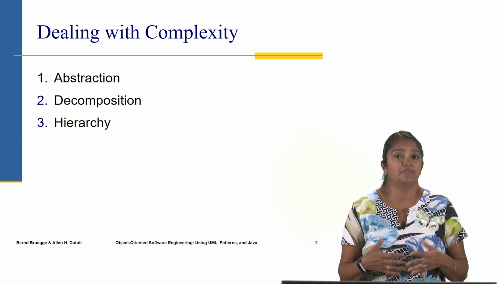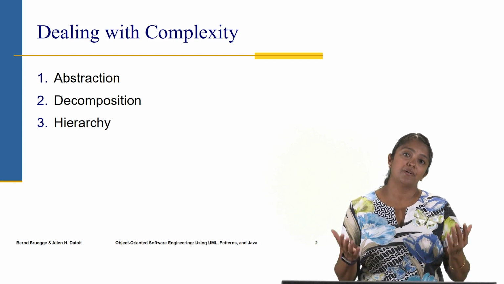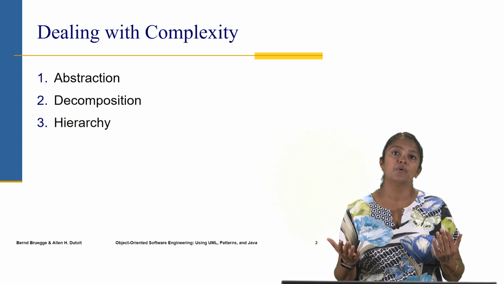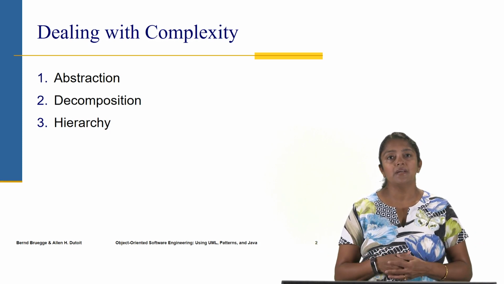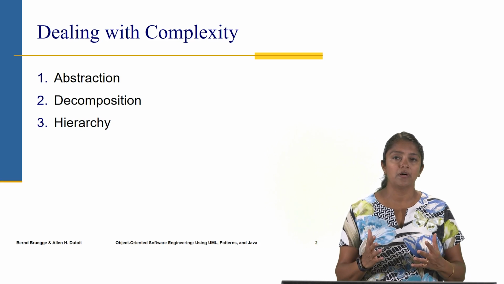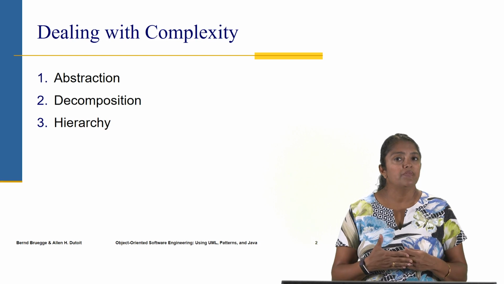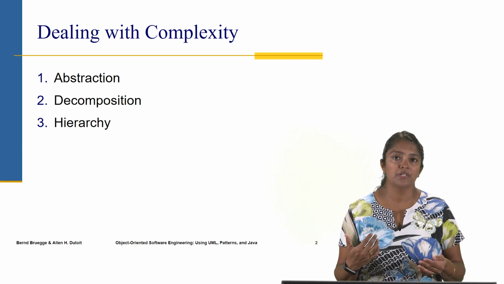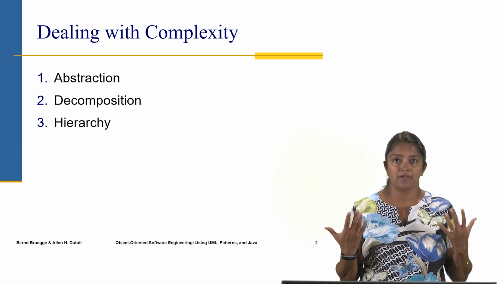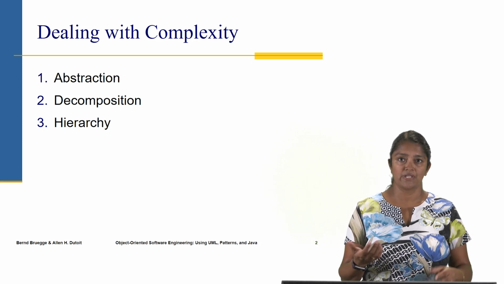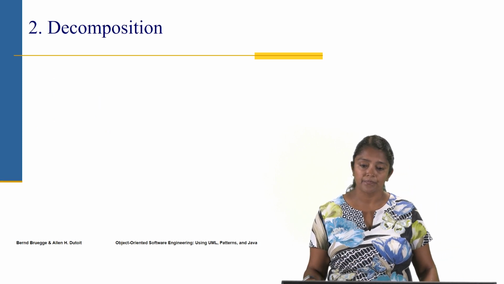But then with all of these conditions, and very often the application domain that the software belongs to is a complex domain, and that's the reason we need different techniques to be able to deal with this complexity. In the previous video we saw that through abstraction, basically by creating different kinds of models, we can better understand the software system. In this video we'll look at decomposition and hierarchy.